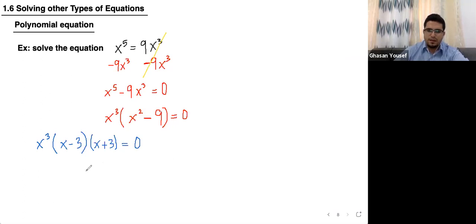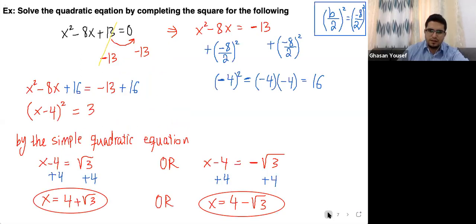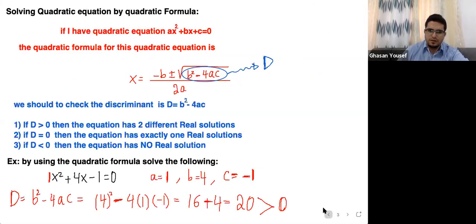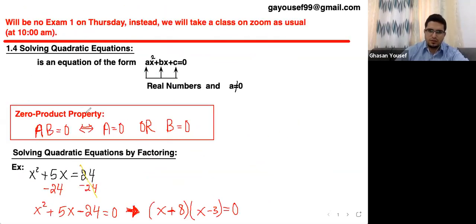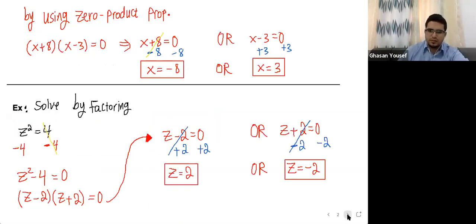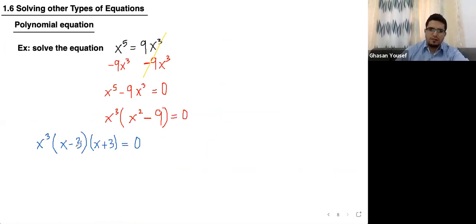0. Now, by using the zero product property: it says if I have two things multiplied that equal 0, the first one equals 0 or the second one equals 0. The same thing here, I'm going to use it. If I have three things, A, B, C equals 0, this means A equals 0, or B equals 0, or C equals 0.